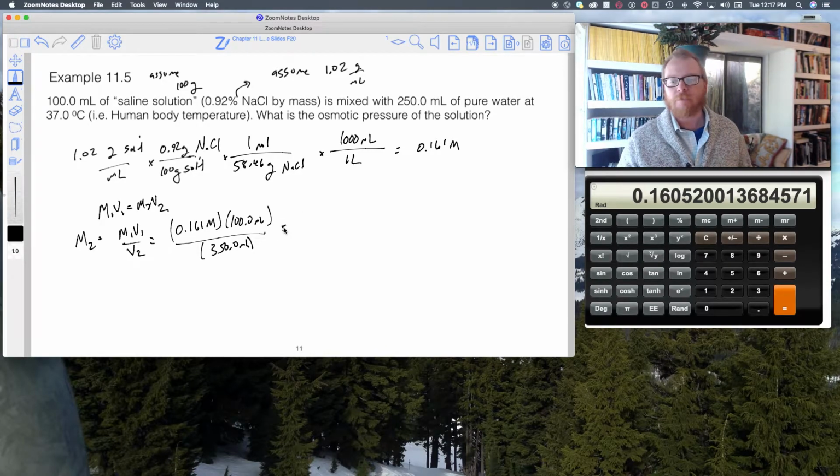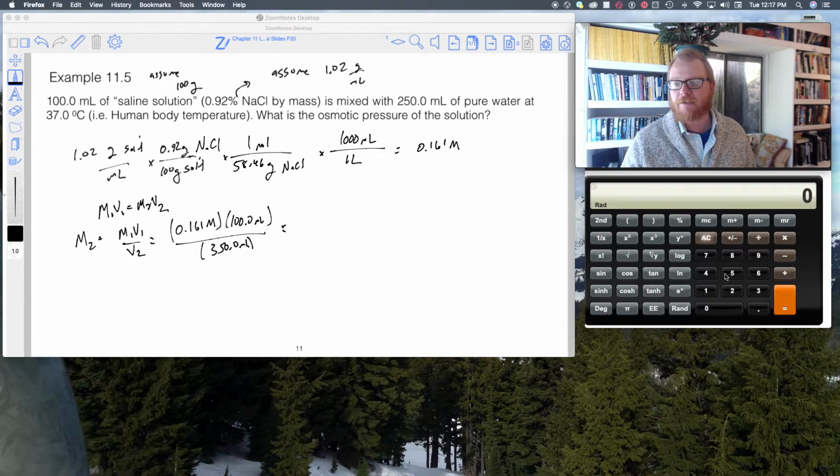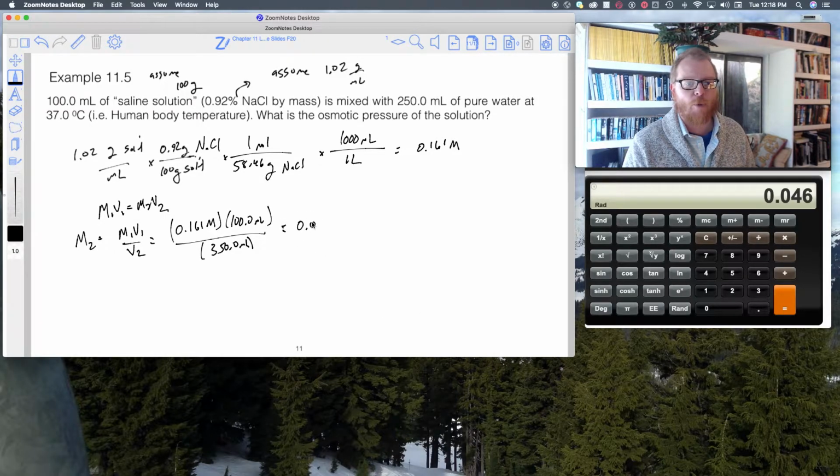So when I do that, I get 0.161 times 100 divided by 350, which is 0.0460 molar.